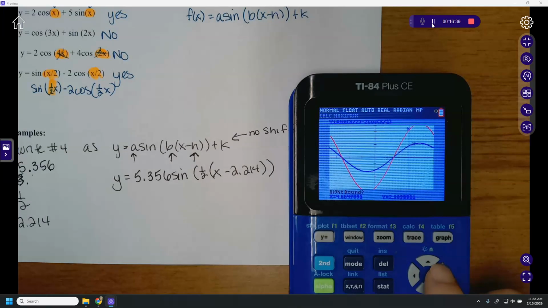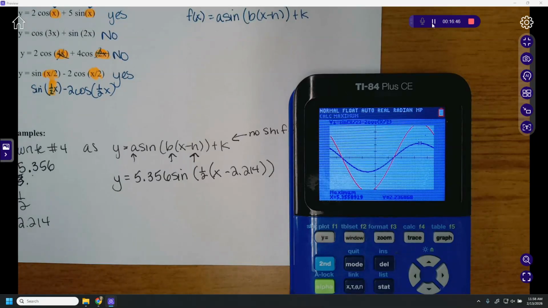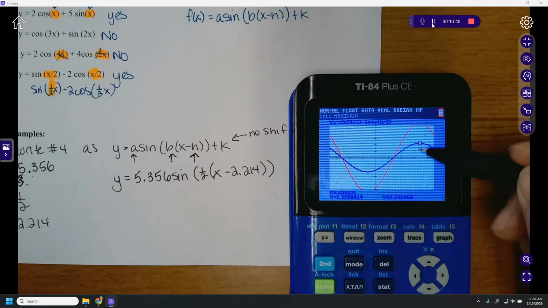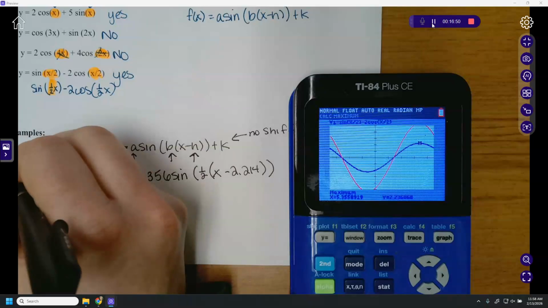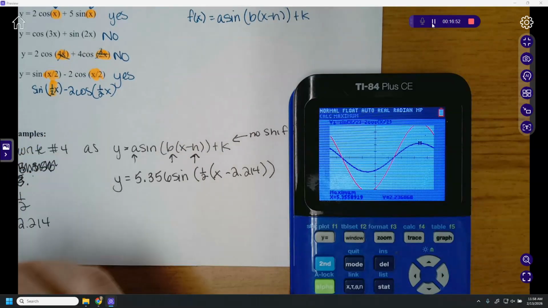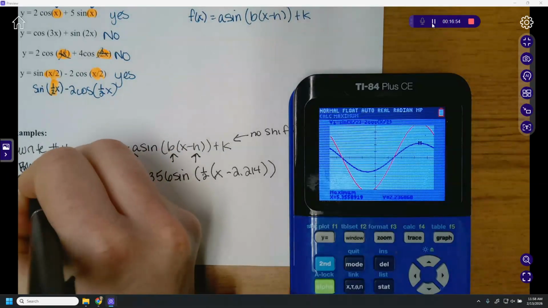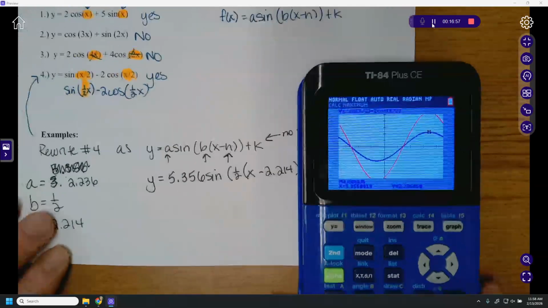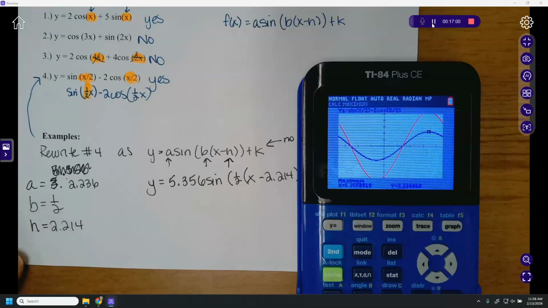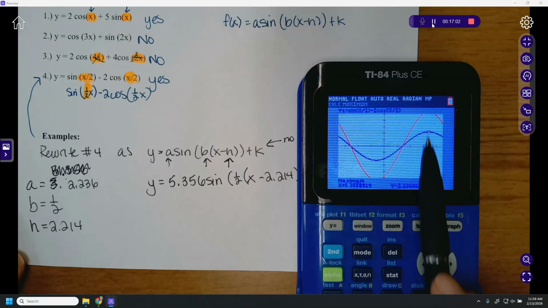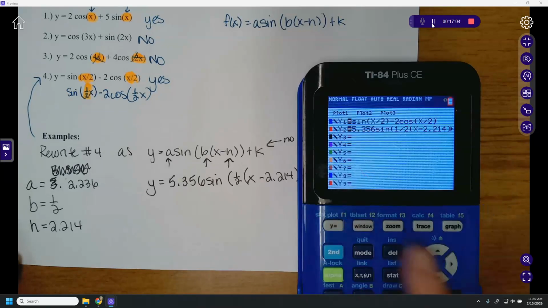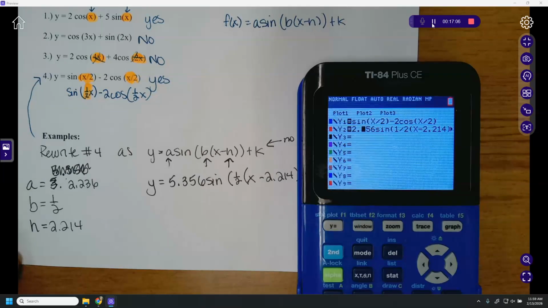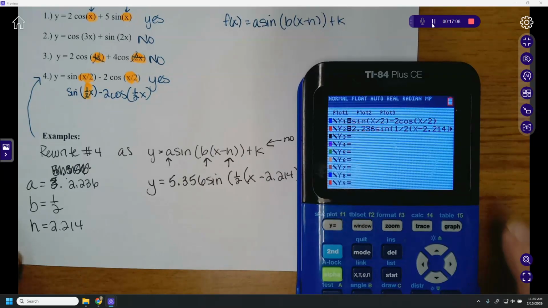I think I wrote down the x value instead of the y value. Yes, I did. The y values should be the amplitude. So this should be 2.236. Sorry about that. 2.236 rather than 5.356, because we want how high the amplitude is. All right, let's fix our amplitude right here, and that should do the job.